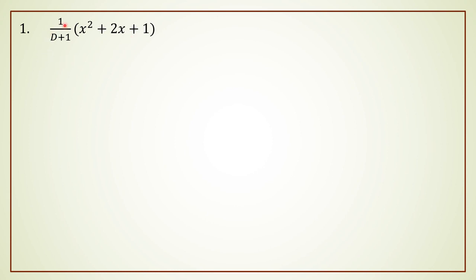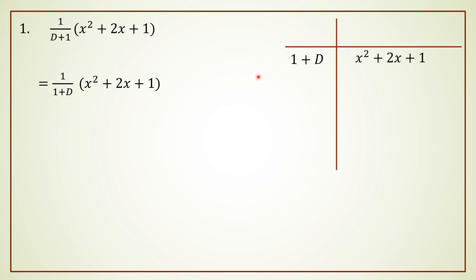Now you have to write the operator in the ascending powers of D. Okay, write the operator in the ascending powers of D. So you have 1 by 1 plus D acting on x square plus 2x plus 1. Okay, then perform the division with the divisor 1 plus D and the dividend x square plus 2x plus 1.